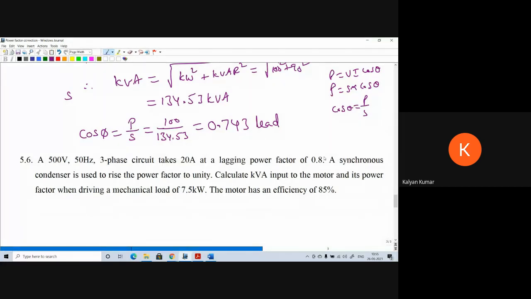The synchronous condenser is used to raise the power factor to unity. Calculate the kVA input to the motor and its power factor when driving a mechanical load of 7.5 kilowatts. The motor has an efficiency of 85%.